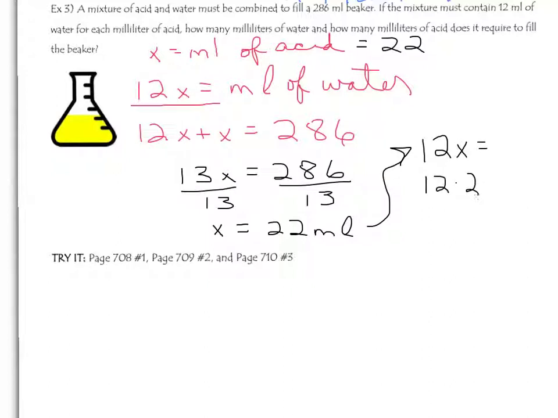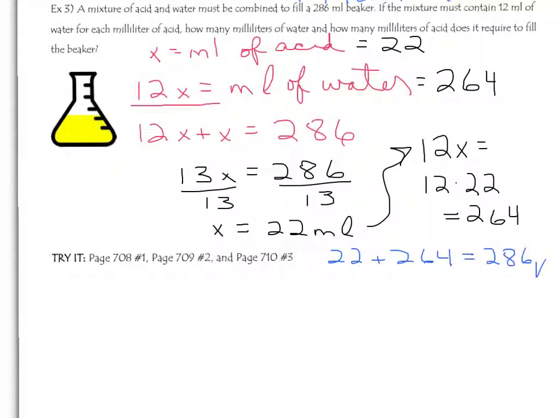So 12 times 22 equals 264. So we're saying that there are 264 milliliters of water, and to check our work, we know that 22 plus 264 should equal 286, and it does. So there are 22 milliliters of acid and 264 milliliters of water.